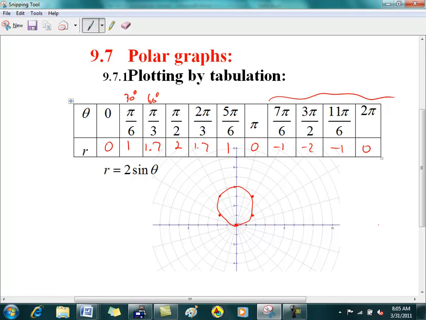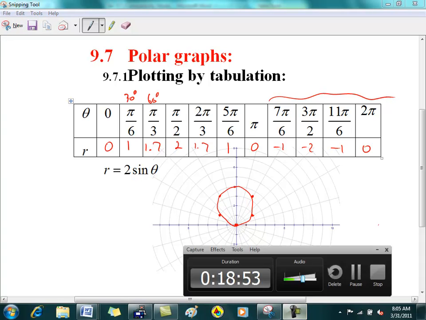Okay, so everybody getting that? Fine. So are we all right there? Does anybody need help in graphing this?